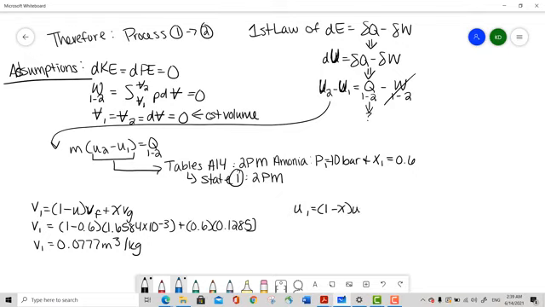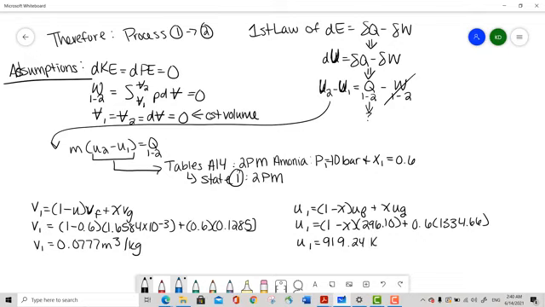We're going to use that formula. Okay. And plus 0.6 times 1134.66. And that goes for 919.24 kilojoules per kilogram. The next page to get my state 2 data.